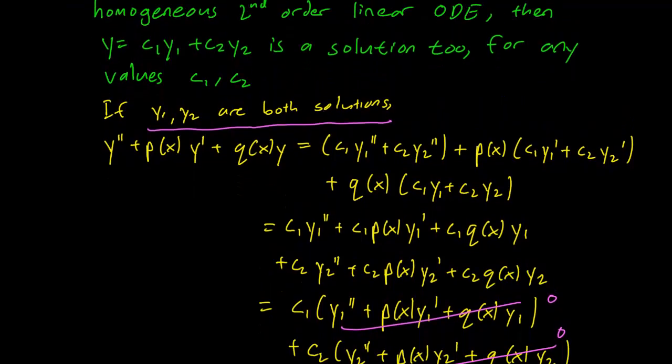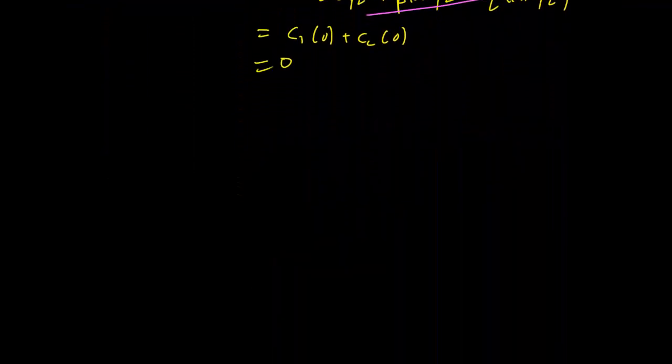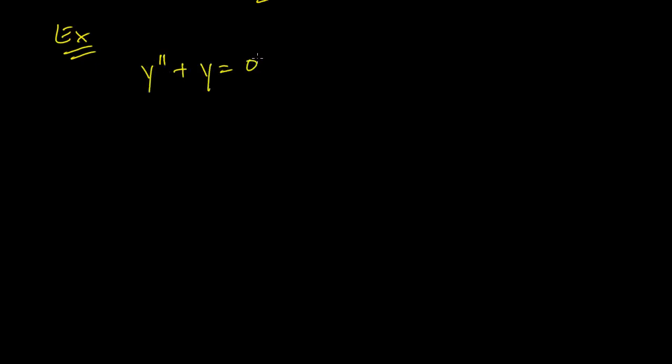Okay, so let's look at maybe a slightly more concrete example. And this example is just going to involve y double prime plus y equals 0. So this is a second order linear ODE, and you can see that I can offer you a couple of solutions. So one, you can check on your own that y equals cosine x is a solution.